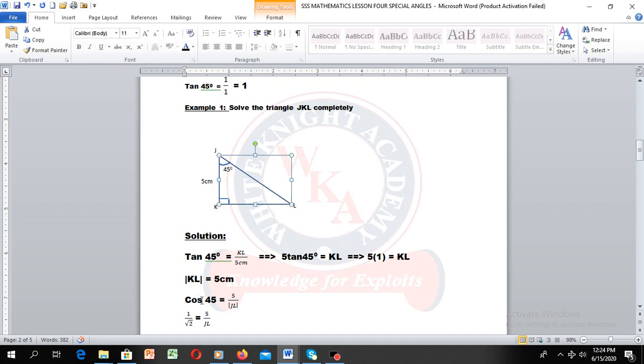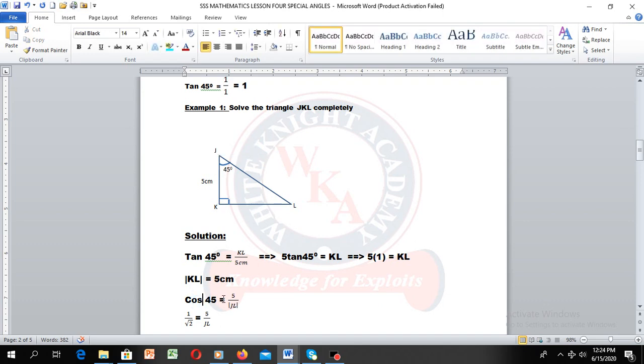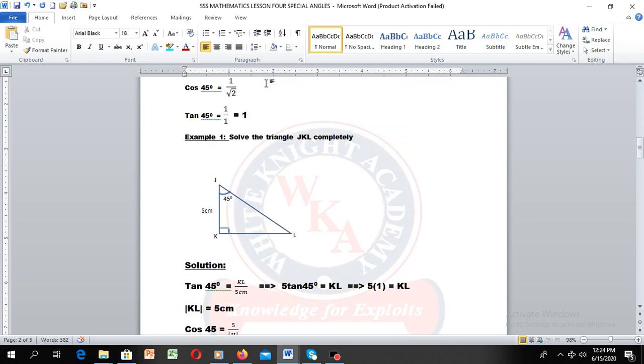So cos 45 degrees is equal to 5, which is the adjacent, over the hypotenuse, which is length JL, which we don't know yet. Now, according to our derivation from the diagram, cos 45 degrees is 1 all over root 2.